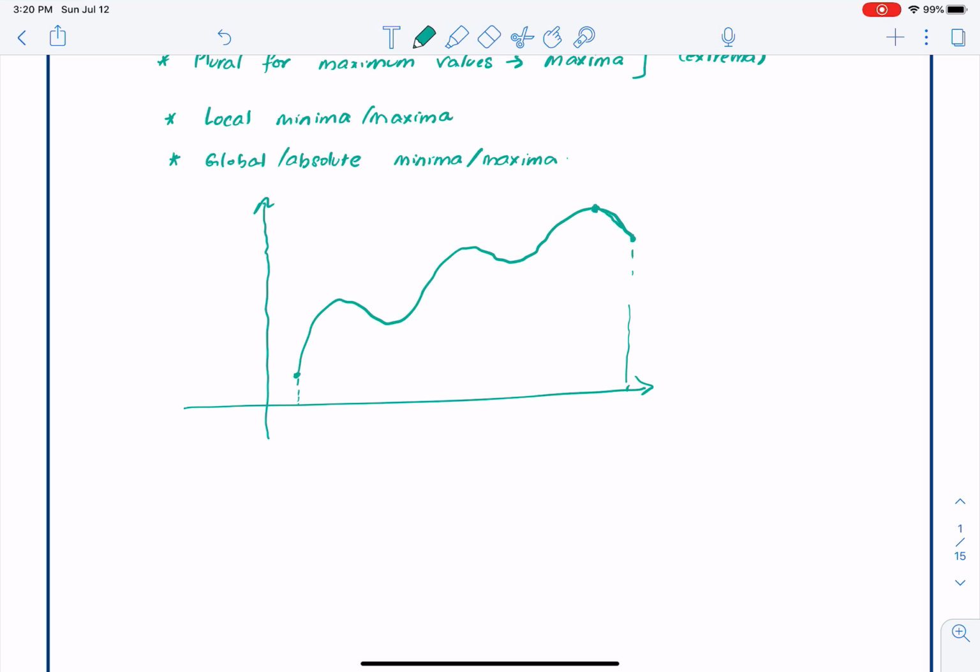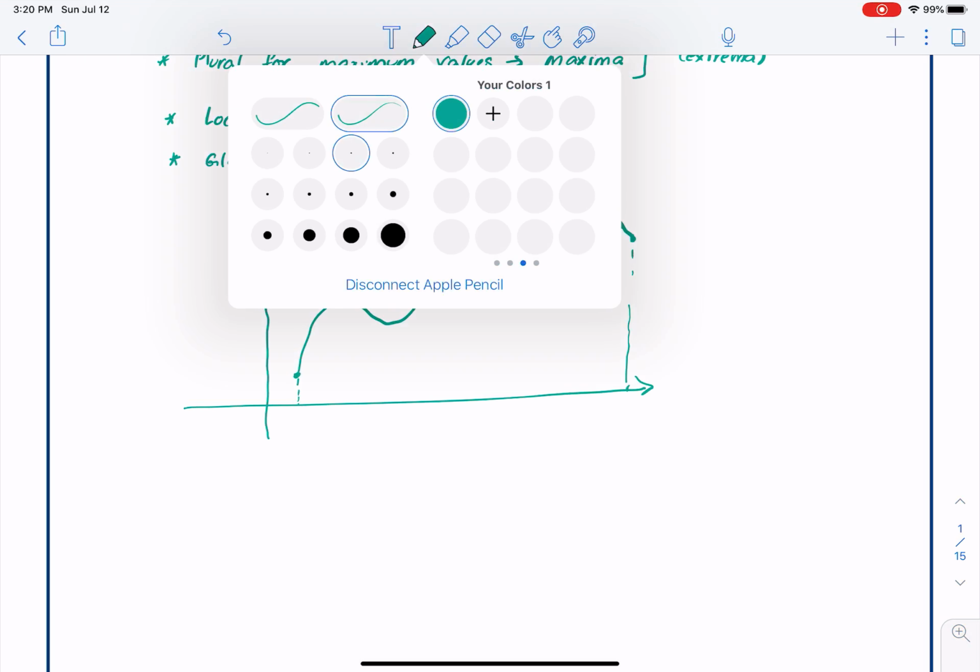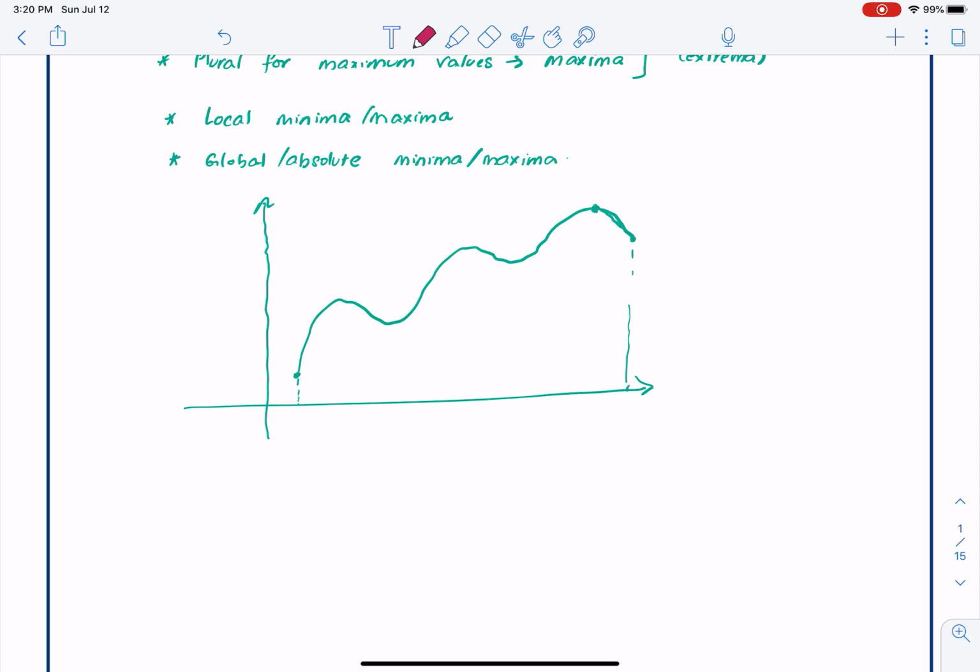If you look at this function, it's bumpy, it's going up and down, up and down. And you can see that this is a maximum point that the function attains, but it is a maximum point on a small interval, which would be right here. So that would make this point a local maximum.